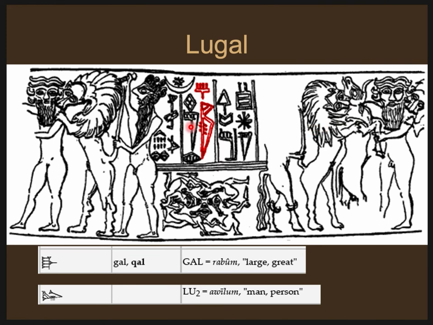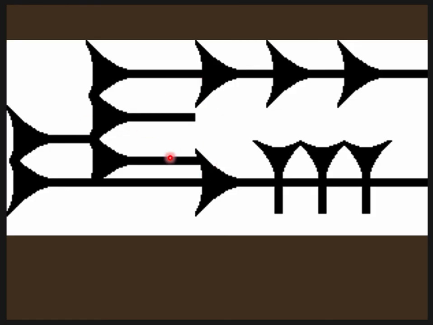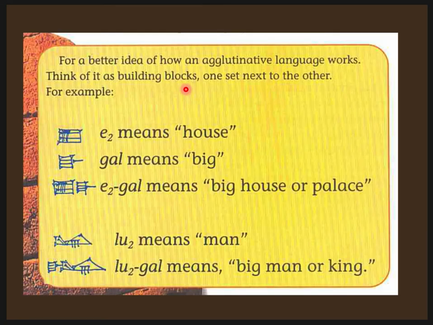Great man, we find out later, is kind of a synonym for king, or it's a term for a king, a great man. And great is used in other contexts to represent something important. Right? So here you can see that symbol, Lugal, which becomes more stylized over time until it becomes this. Okay, we talked about before how A means house.